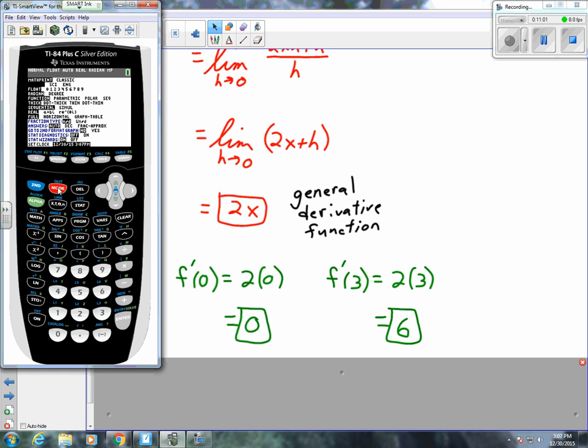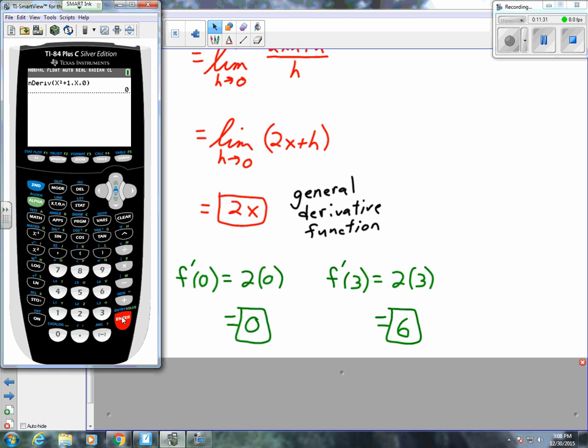If you don't have that newer operating system, I think I can change that here. Go over to Classic. And now when I go to Math 8, it gives me the nDeriv function. So I put in my function x squared plus 1, comma, the independent variable that we're differentiating with respect to, comma, and then the particular value where we want the derivative.